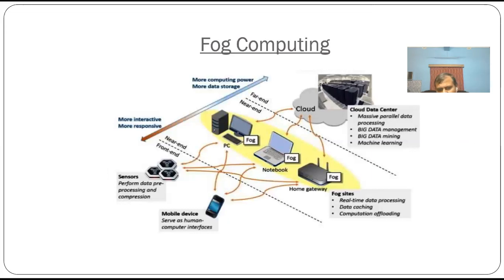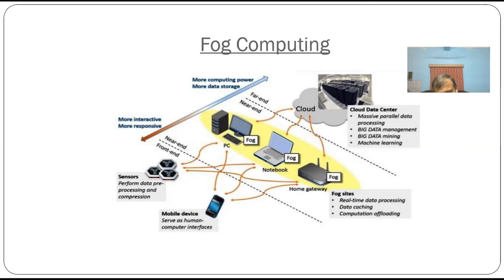This is one more diagram which is being shown to you. Sensors perform some sort of data pre-processing and compression. Mobile devices such as smartphones are used as the edge devices of the end users, and they are connected to PCs, notebooks, and home gateway systems, which act as the fog sites for some sort of real-time data processing, data caching, and computation offloading.